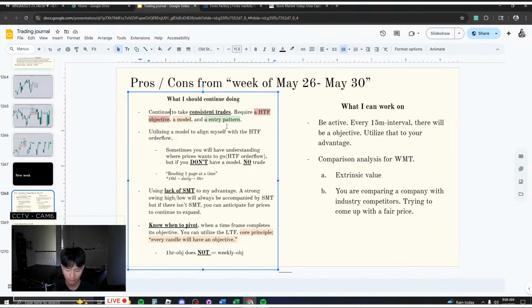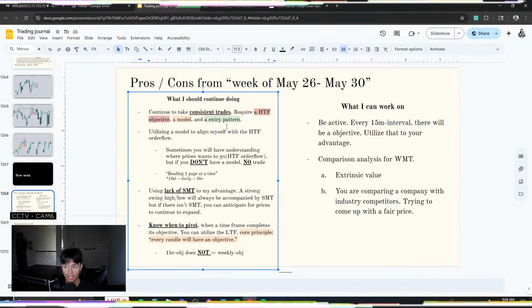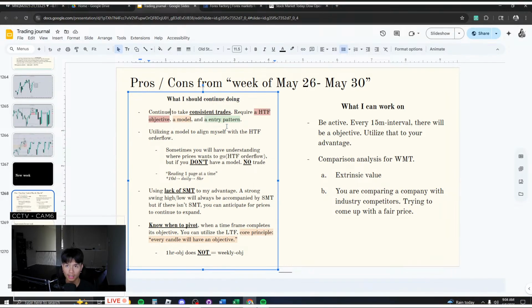Those 3 things are the most crucial aspects of my trade, right? There are the 3 things that I look for in my setup, and requiring these 3 things and being able to identify them before I even press the button forces me to be consistent.